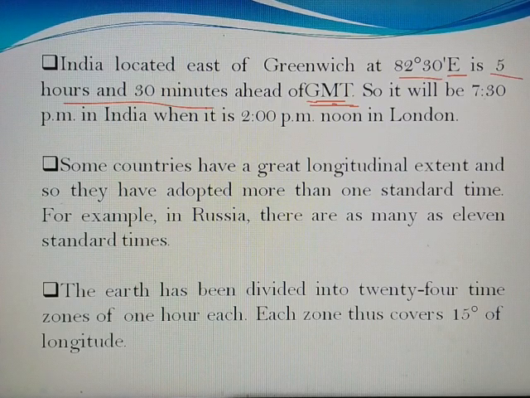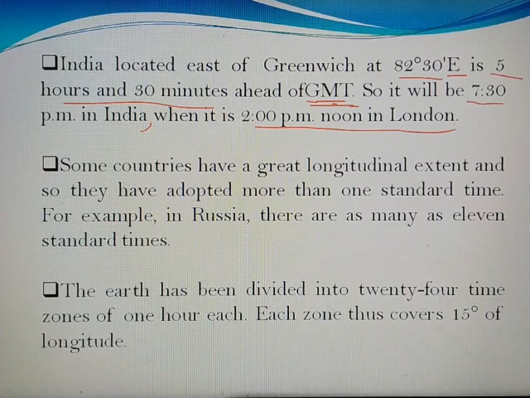That means when it is 7:30 p.m. in India, it will be 2 p.m. in London. There will be a 5 hour and 30 minute difference.